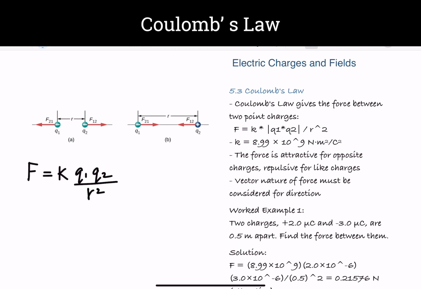Now, K is a constant, and this constant depends on the material in which these charges are placed. For air or free space, the constant is 8.99 times 10 to the power 9. And that's the unit, Newton meter squared per Coulomb squared.